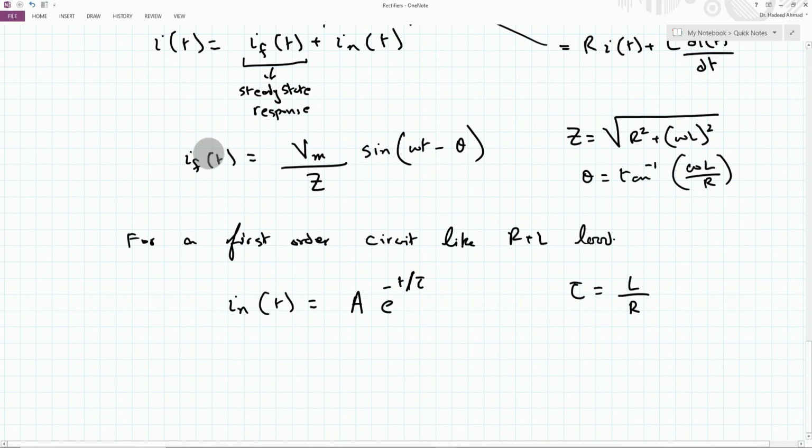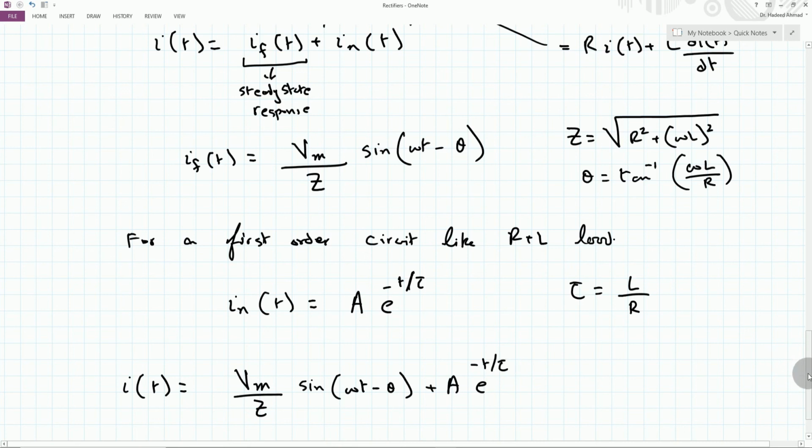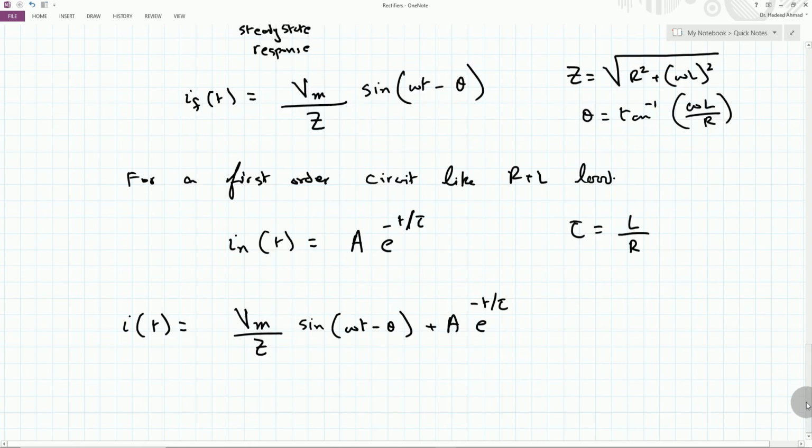So now if I combine the forced response and the natural response together, I get the value of the current, which is equal to Vm over Z sine(omega t minus theta) plus A e to the power minus t over tau. To find out the value of this A, we will apply the initial conditions here.